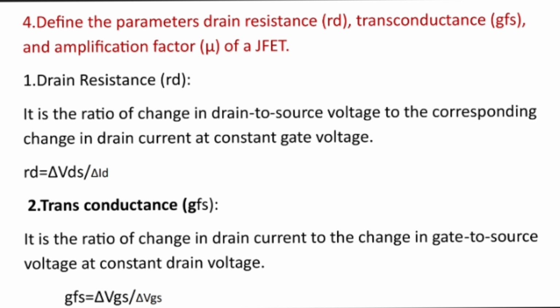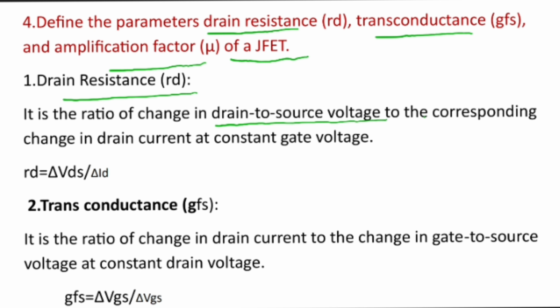Next, define the parameters: drain resistance rd, transconductance gfs and amplification factor mu in a JFET. First, what is drain resistance? It is the ratio of the change in drain source voltage to the corresponding change in drain current at a constant gate voltage.